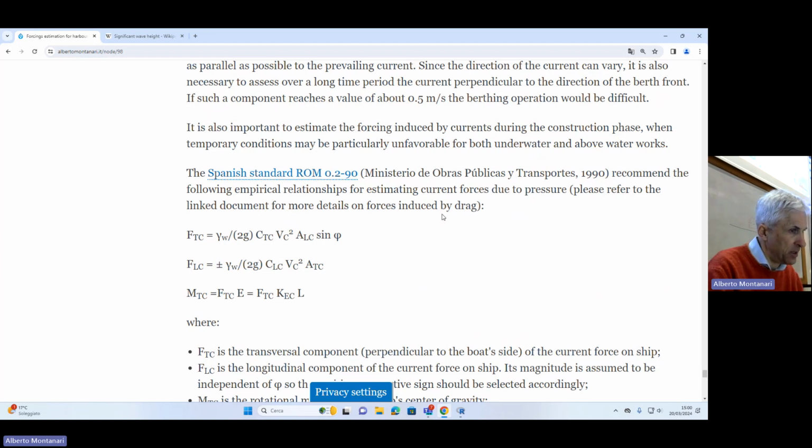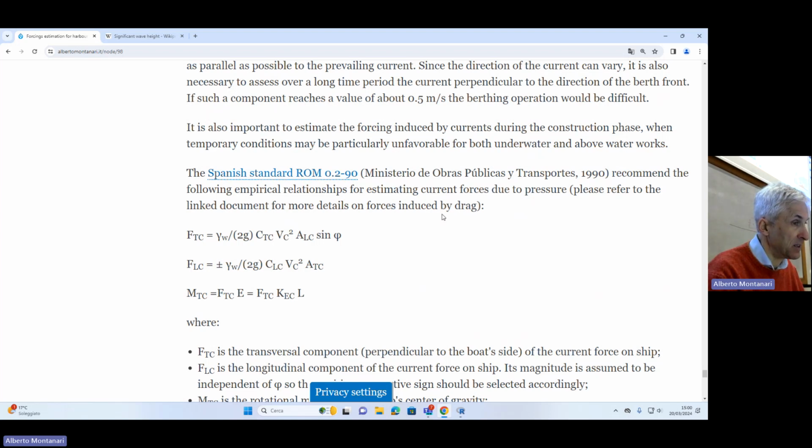For these relationships that you see here, the first two are the horizontal components, and they are derived following the same concept that we saw earlier. There is the velocity of the current squared that gives you an estimate of the energy of the current, so the forcing is proportional to the energy.